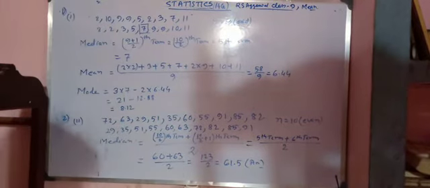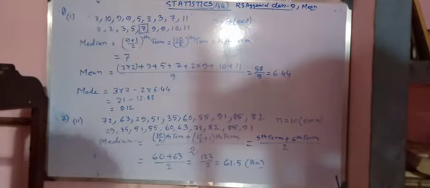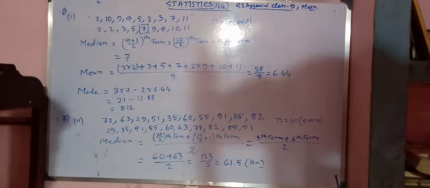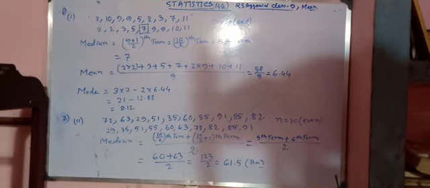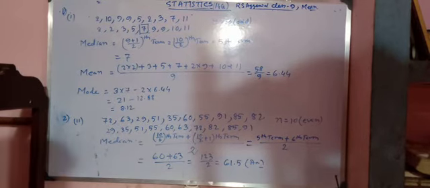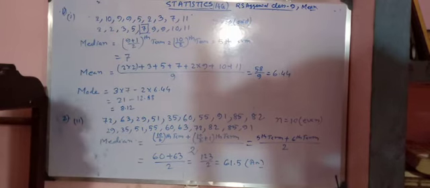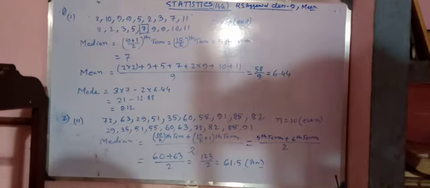Understood that? So this is question number 2. Next move to question number 3. Question number 3 is the same as question number 1 or 2. We have to count how many data values are given here, and according to that do the calculation.